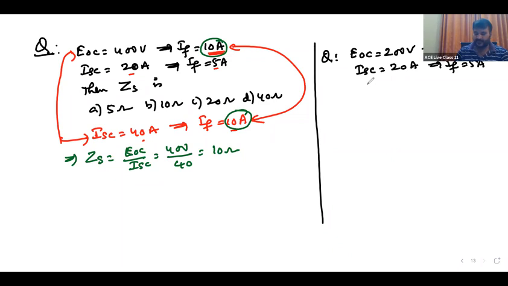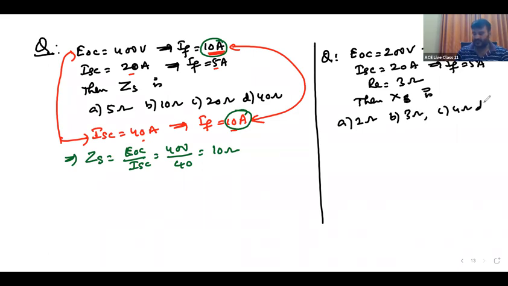RA is given as 3 ohms. Then XS is: A, 2 ohms; B, 3 ohms; C, 4 ohms; D, 5 ohms. Now you need to calculate the XS value.